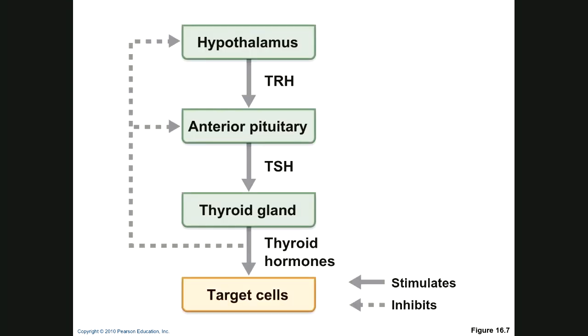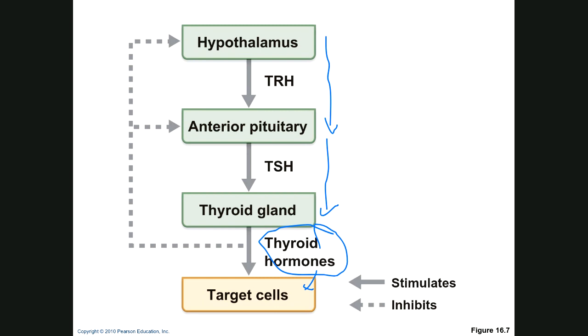So the hypothalamus releases thyroid releasing hormone, which causes the anterior pituitary to release thyroid stimulating hormone, which causes the thyroid gland to release the thyroid hormones, which act on target cells to make you do the things you do.